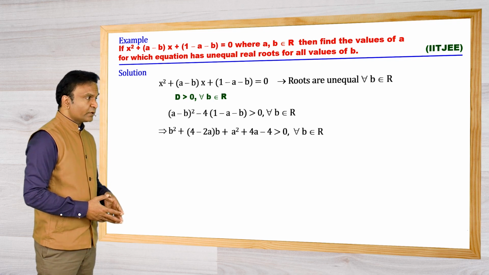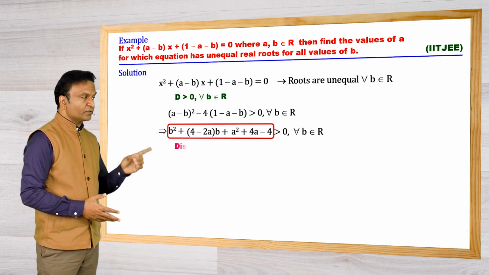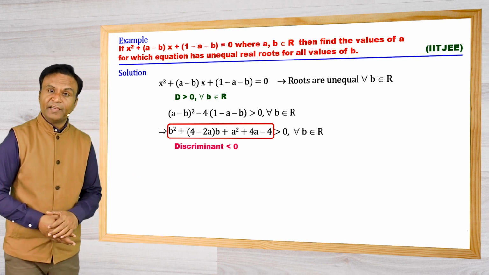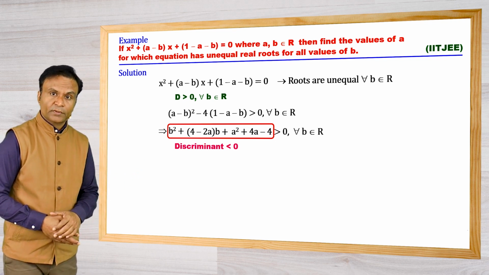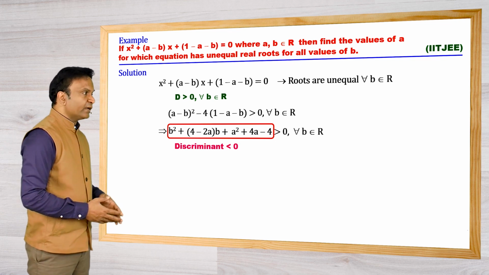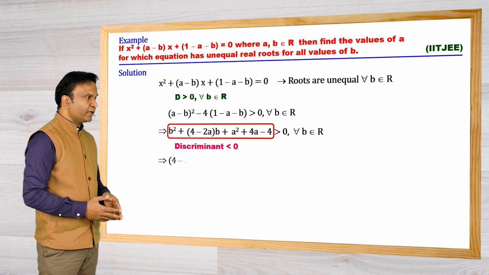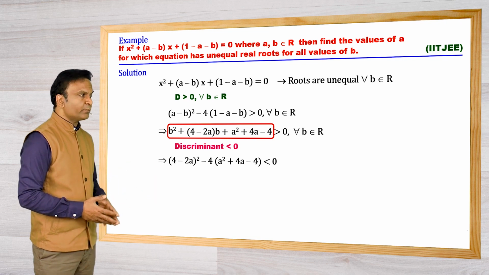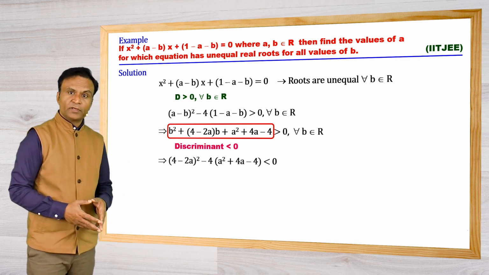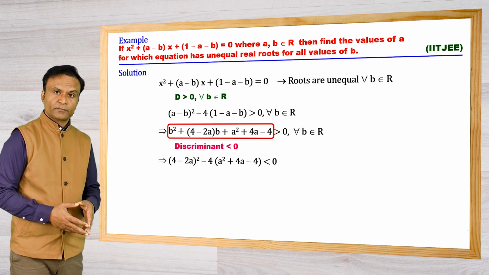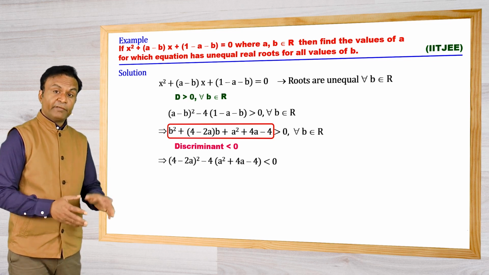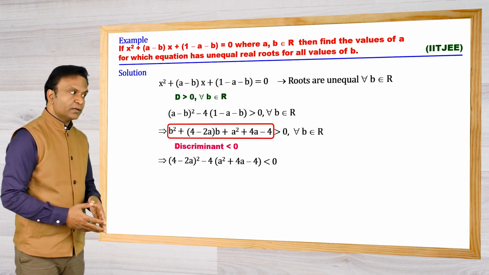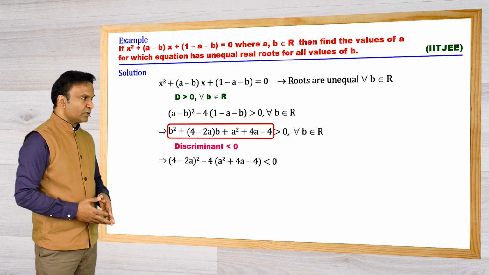Further, the discriminant of this quadratic function in b must be less than 0. So we have (4 minus 2a) whole square minus 4 times (a square plus 4a minus 4) less than 0. Here we have the discriminant of the discriminant. Now let's solve this.